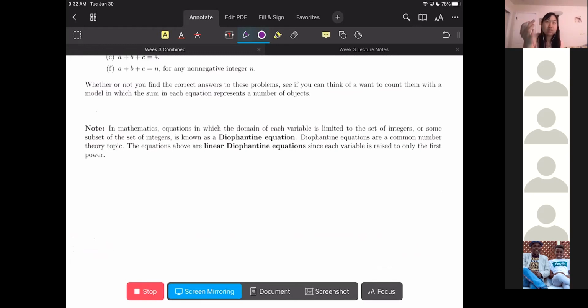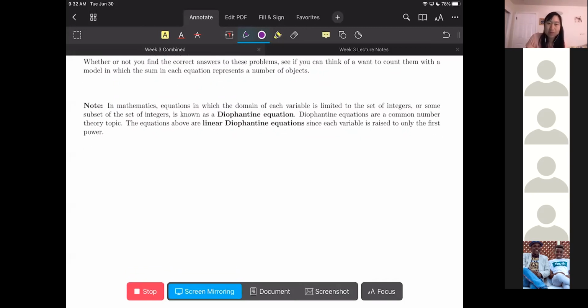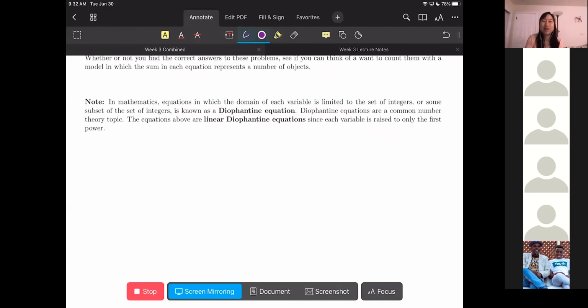And because all of the terms are linear, because we don't have anything like x squared or x cubed, we call it a linear Diophantine equation. So just FYI, if you see that term, there are a lot of cool things about Diophantine equations in more advanced math.